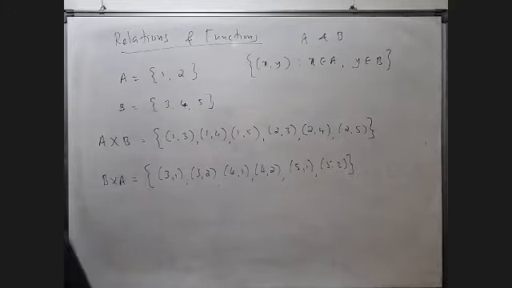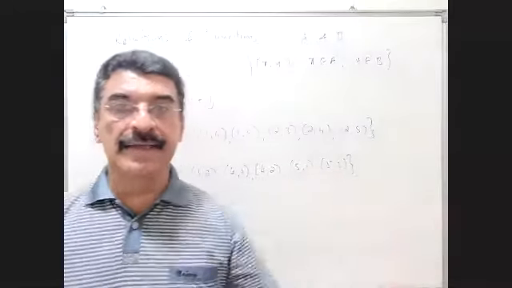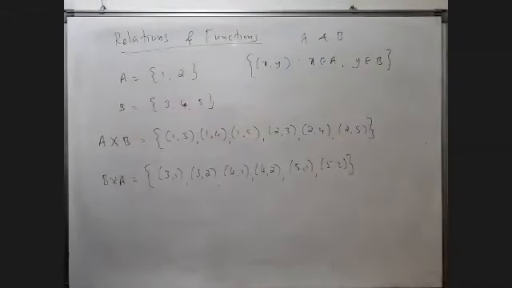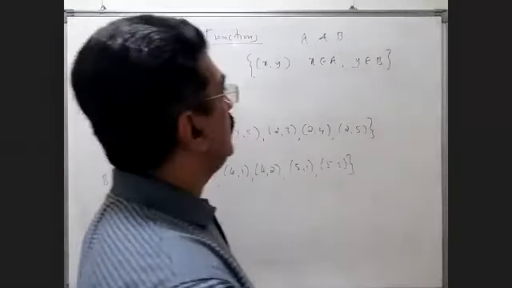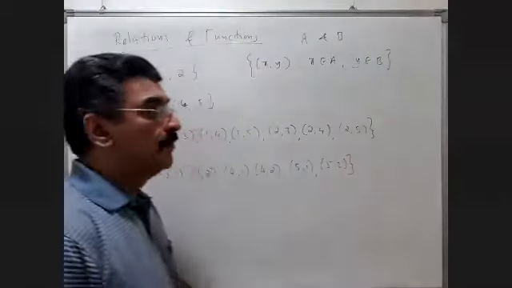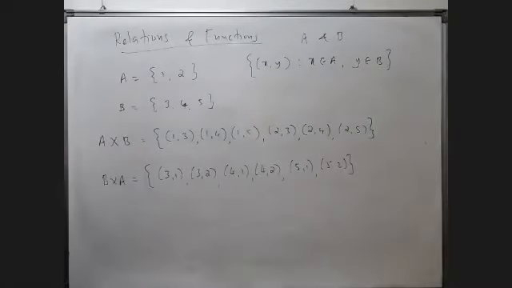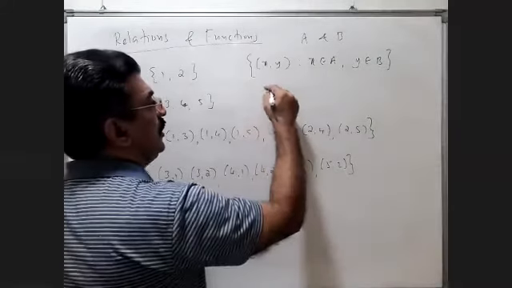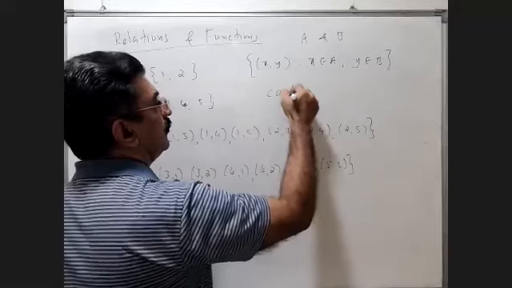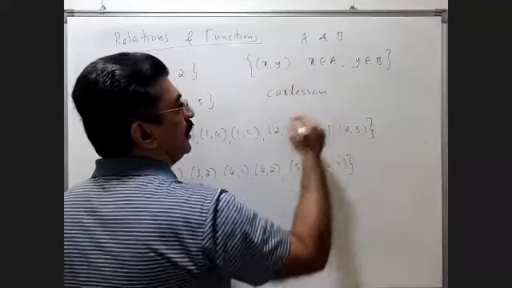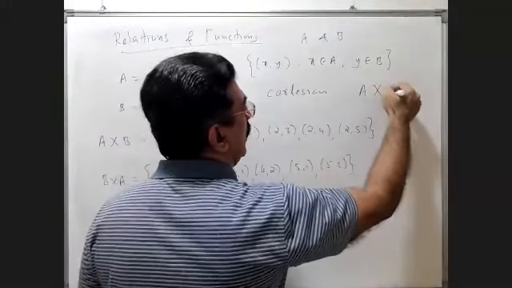Given two non-empty sets A and B, the Cartesian product A cross B.